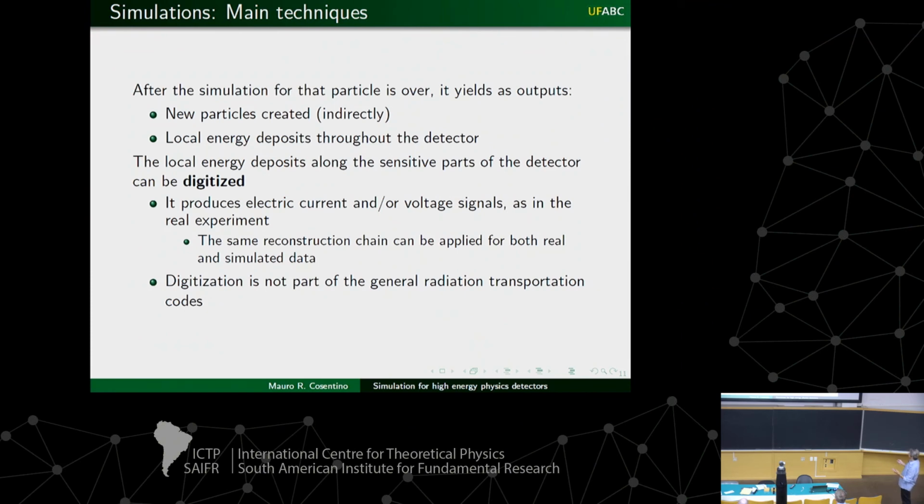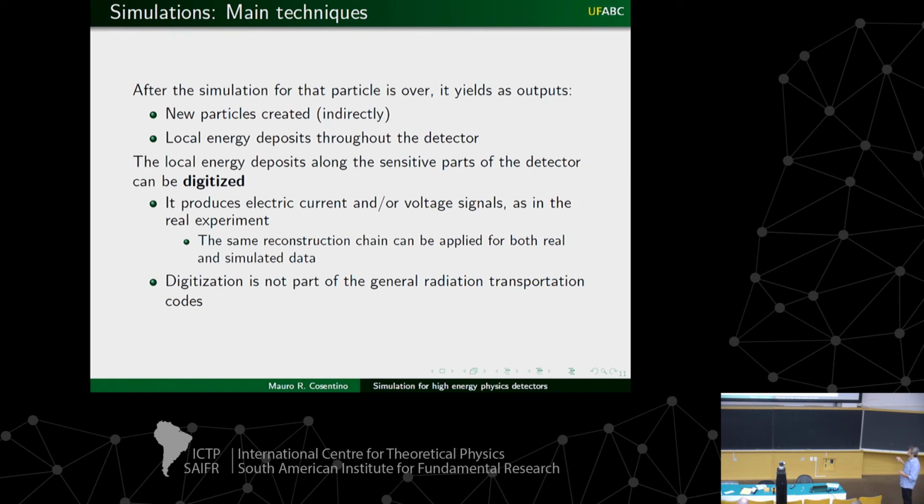After the simulation for the particle is over, it yields as outputs new particles created, which is an indirect output, such as the electron-positron pair, and local energy deposited through the detector. This is information associated directly to the particle. Then the local energy deposits along the sensitive parts of the detector can be digitized, as Tobias showed this morning.